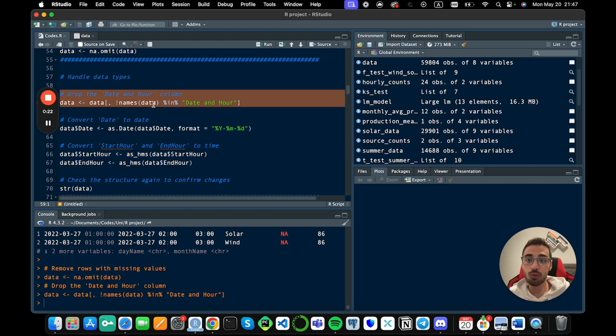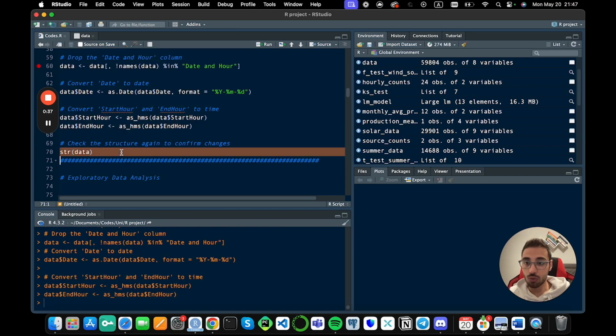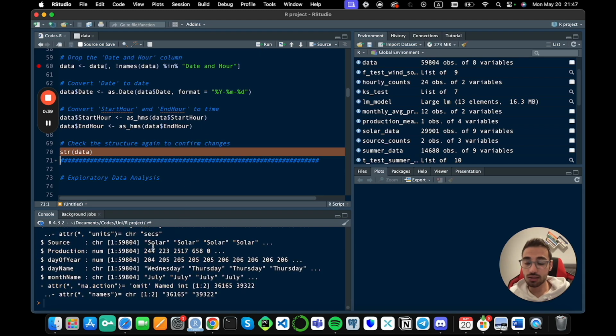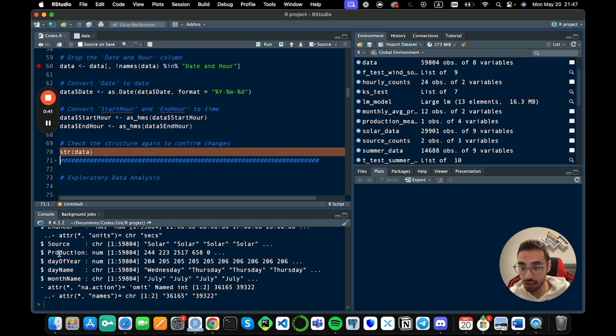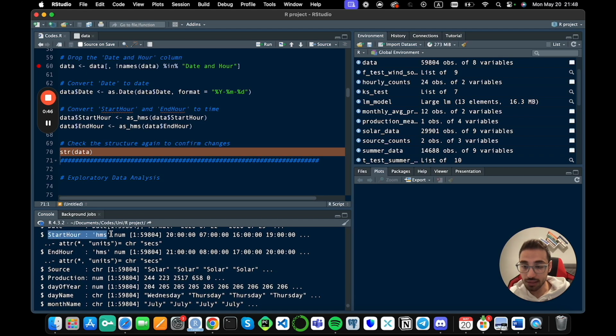Then we're gonna convert the start hour and end hour to HMS, which is the data type for hours in our programming language. So when we print the structure of our data, as we can see here, start hour and end hour, they change to HMS, so we can handle it better and continue the process.